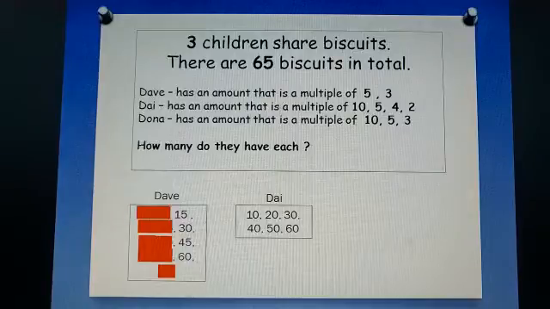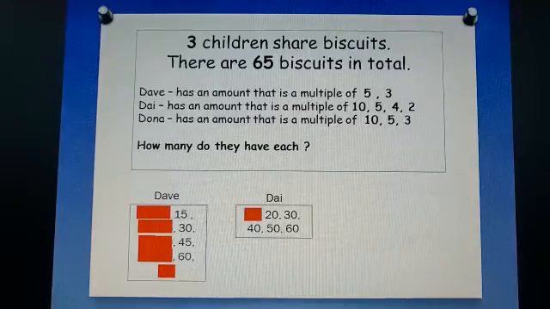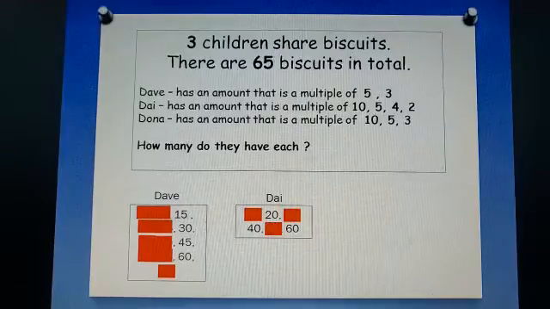We can see that all the numbers in Di's box are also multiples of 5. They're all even numbers, so they're all multiples of 2. So let's have a look at which ones are not multiples of 4, not in the 4 times table. Once I've worked it out, I'm left with 3 numbers.